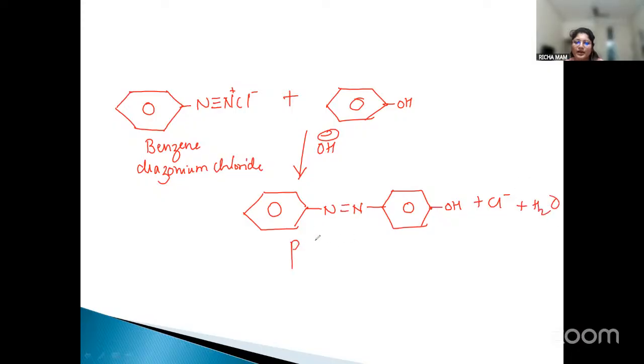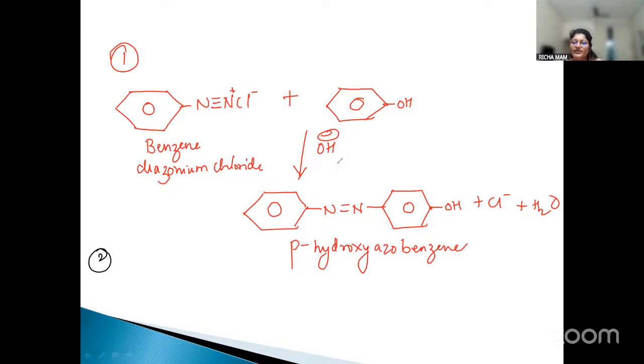So this is para-hydroxyazobenzene. Very, very important. This is an azo compound from diazonium salts.